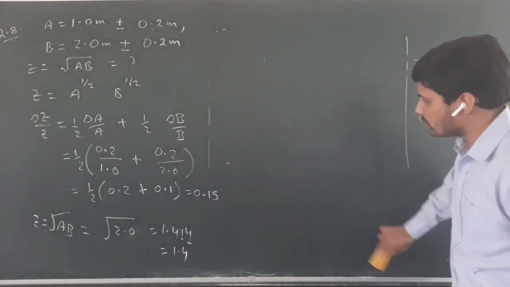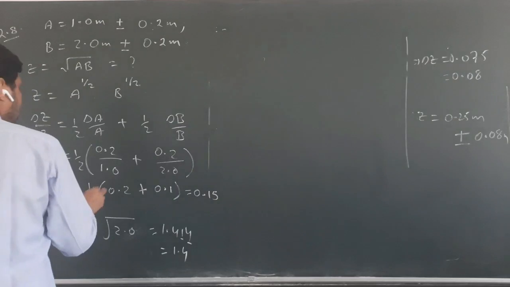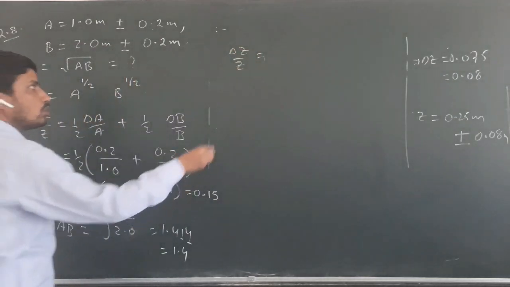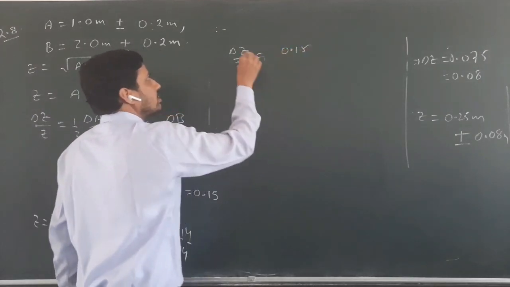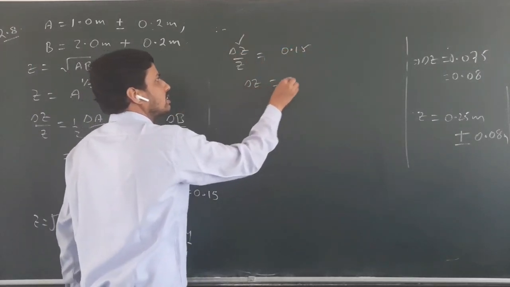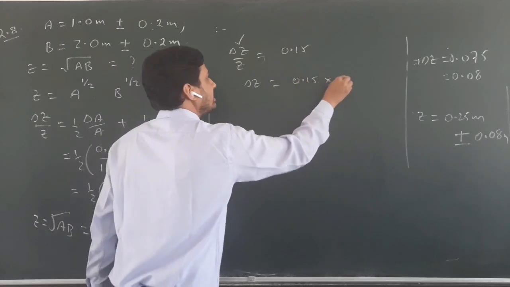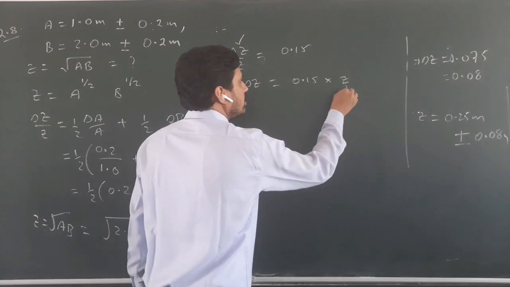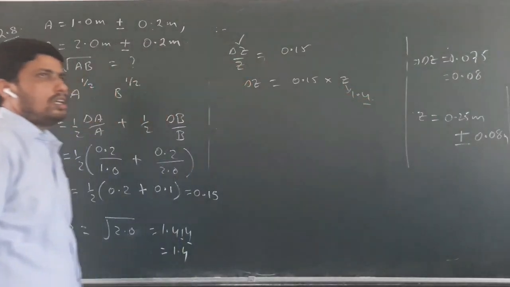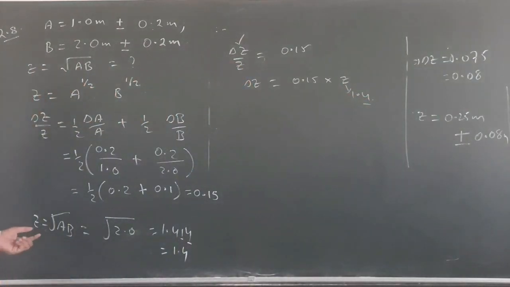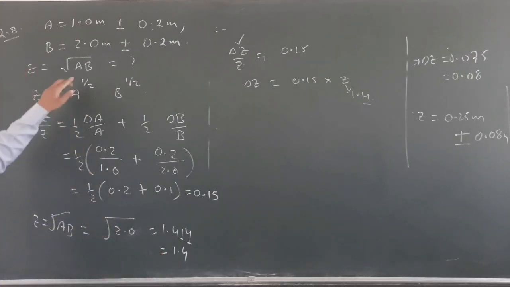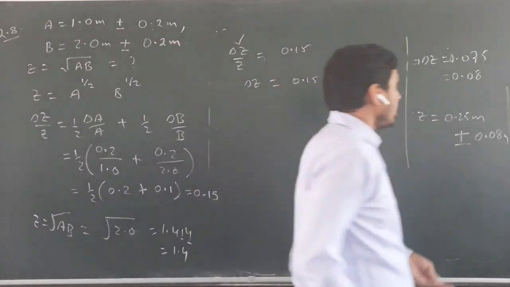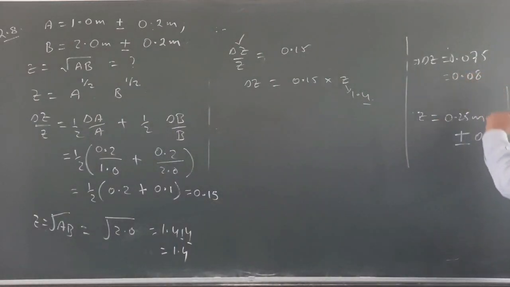I think now you can do it yourself. We have got delta Z by Z. So delta Z upon Z is how much? 0.15. From this equation we calculate delta Z. So delta Z will be 0.15 multiplied by Z. Now Z is how much? 1.4. So Z is 1.4. So your answer will be, a Z value will be 1.4 meters plus minus delta Z. Delta Z you will get from here, and you will use the same concept which I have discussed over here.